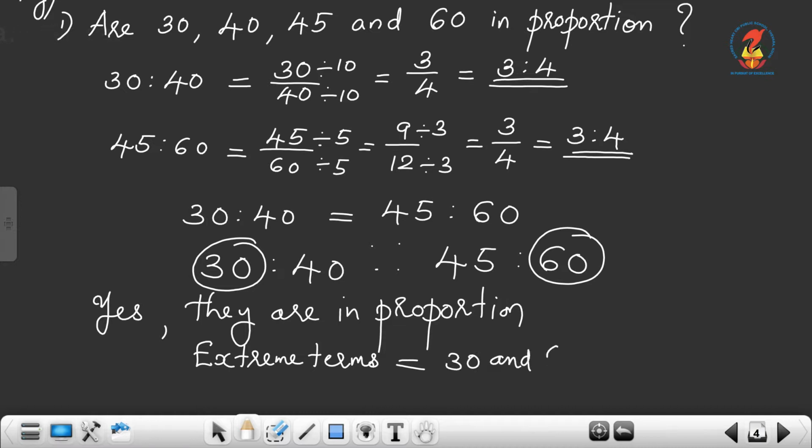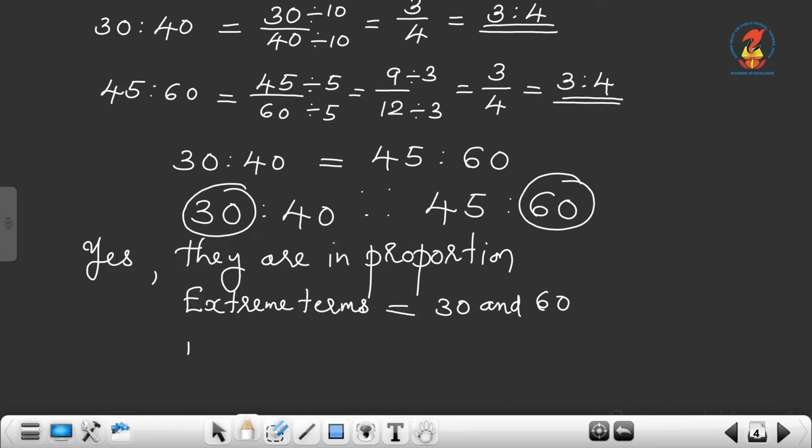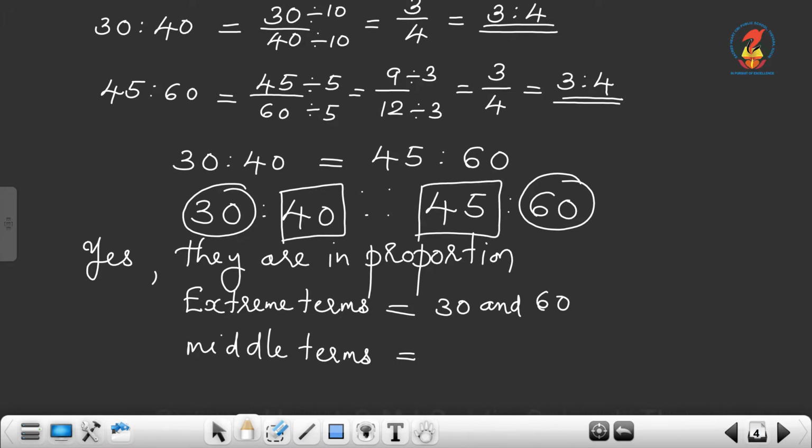The middle terms are the second and the third terms together, so 40 and 45.